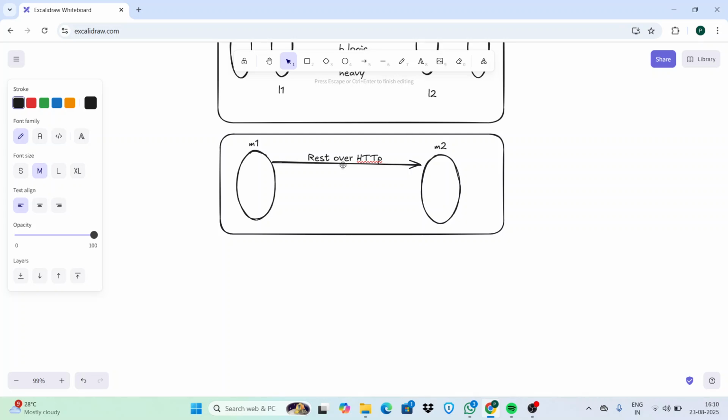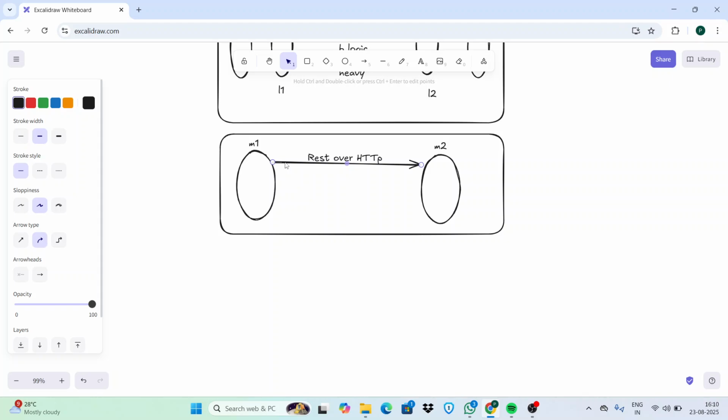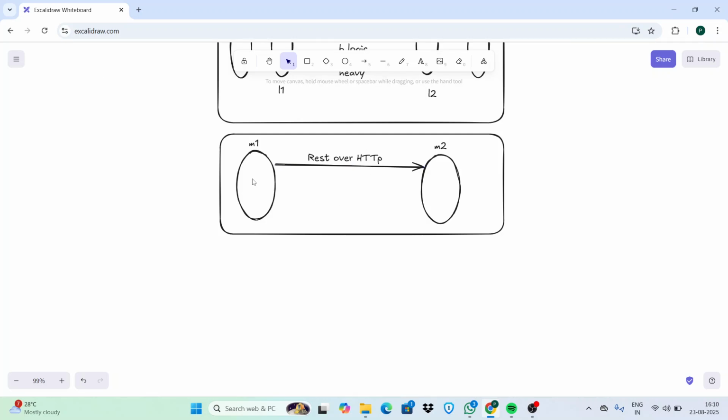So this is the dumb pipes. It is said that in microservices, communication is minimal and straightforward, and services should be self contained, easy to test and flexible.